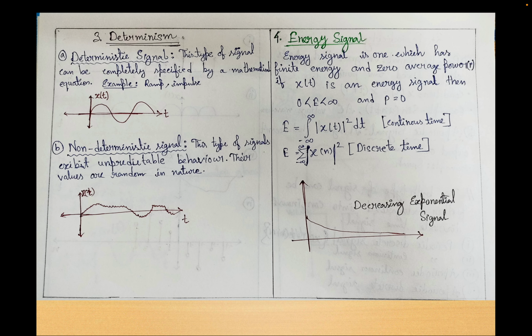The equation of an energy signal is the integration of |x(t)| whole square multiplied by dt, and the limit will be from minus infinity to plus infinity. In the case of discrete time, we have to use the summation sign. And in the graph, you can see the example of an energy signal. It is an example of a decreasing exponential signal.